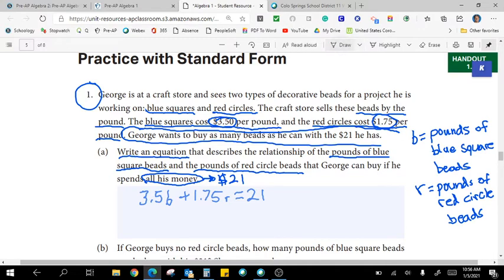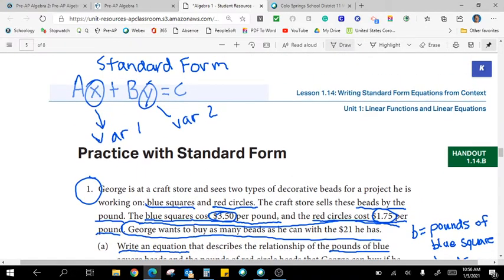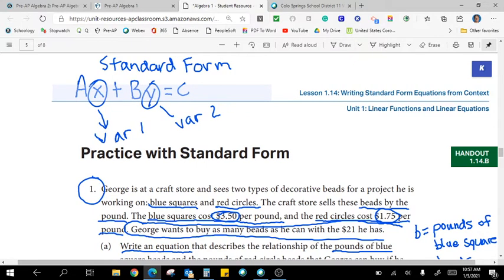Now going back up, we want an equation that looks like that standard form equation, ax plus by equals c. We have two variables, and we have a coefficient. A is a coefficient, the number that you're multiplying the first variable by, and B is your coefficient, the number that you're multiplying your second variable by, and C is going to be the total, what it's going to equal.